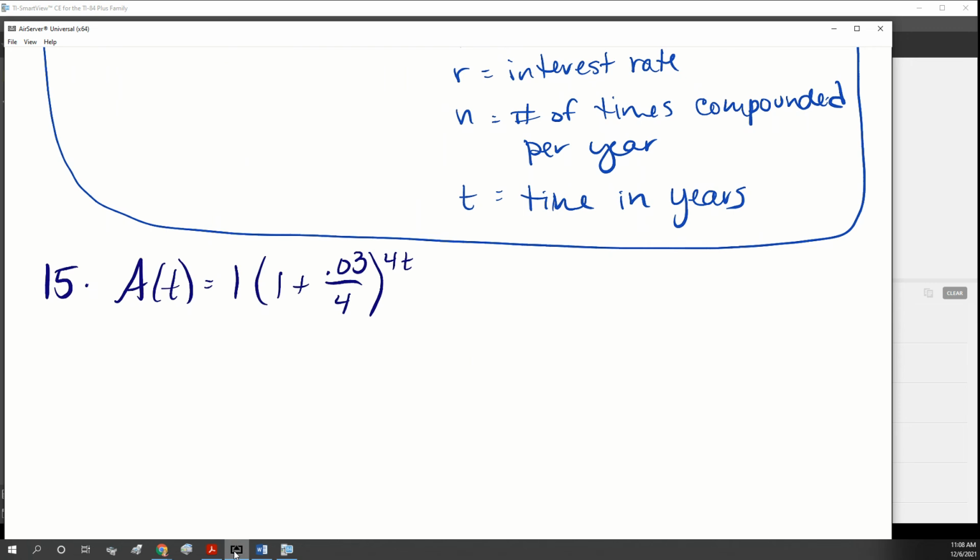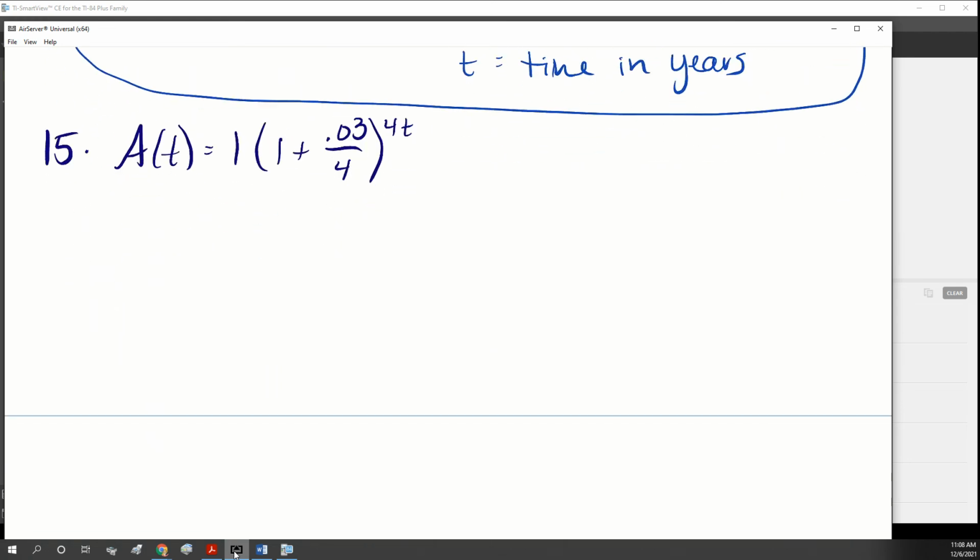So if I want this $1 to double, what do I want it to be? $2. Now, do I need that 1 in front of the parentheses? No. Okay, then I'm going to do 1 plus 0.03 divided by 4. That's going to be 1.0075.